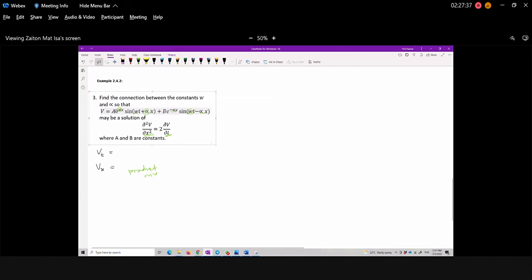For the second term, also product rule, another 2, so altogether there are 4 terms. And when you do Vxx, there will still be product rules, so Vxx will be quite lengthy. Do it carefully and then just compare the coefficients. What are we looking for? The connection between the constant W and alpha. So the answer, you will get alpha square equals to W.